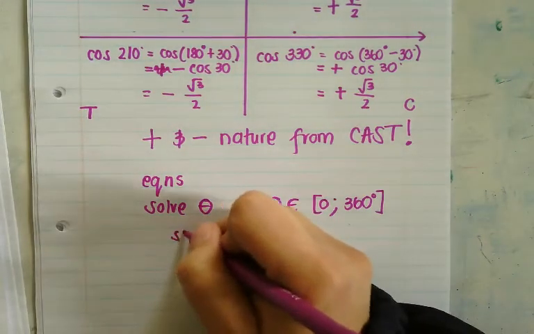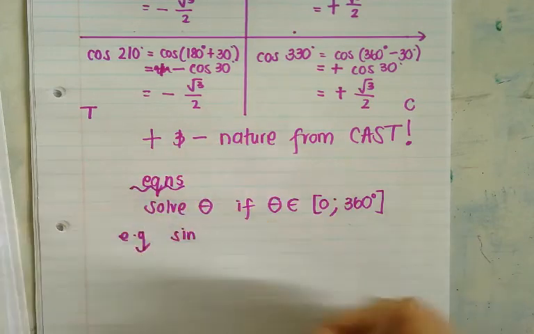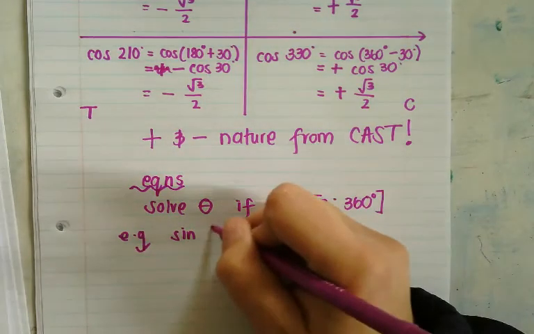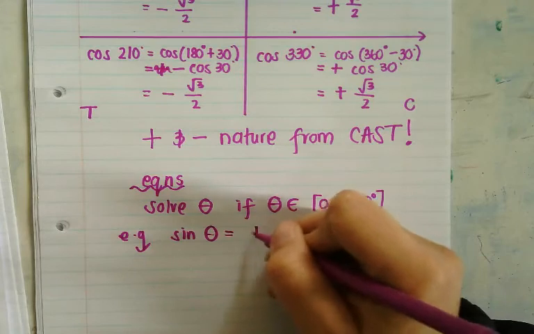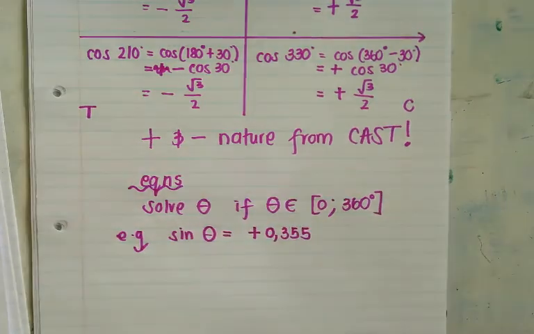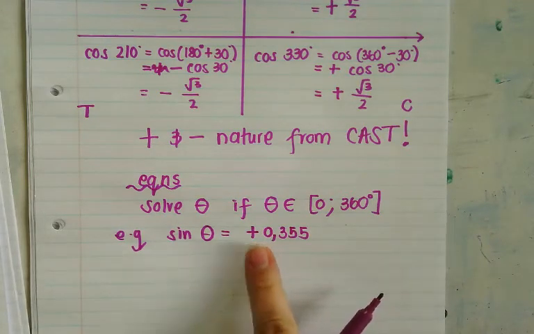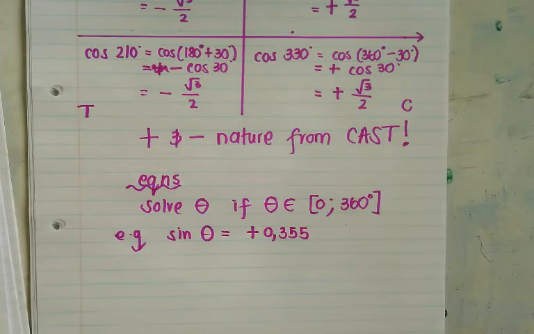So for example, I tell you sine theta equals positive 0,355. So is sine positive or is sine negative? It's positive, okay? Now in which quadrants is sine positive? 1 and 2. So I'm going to have two answers.